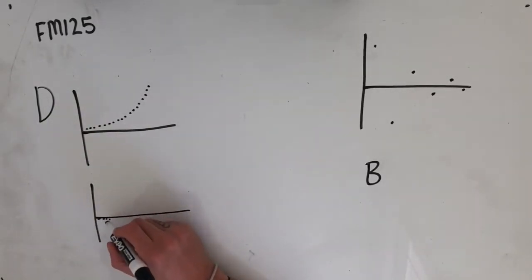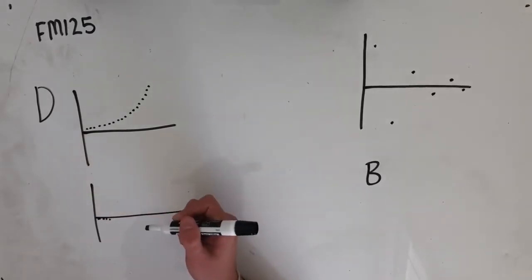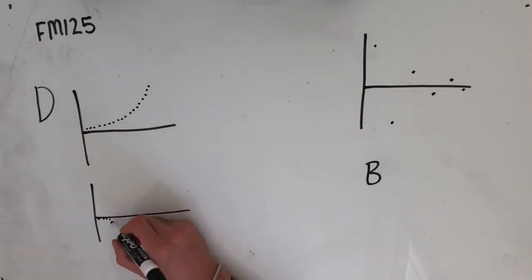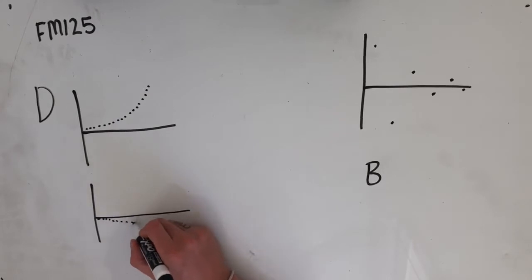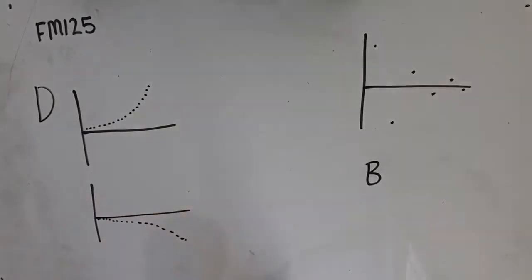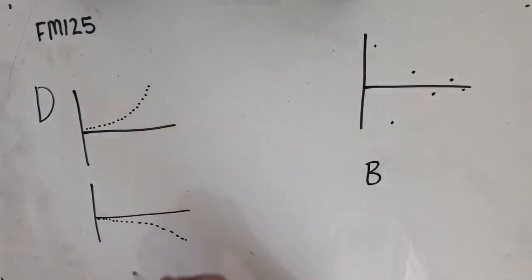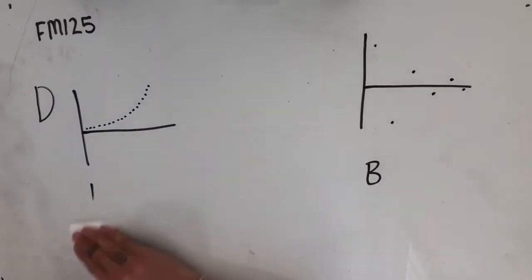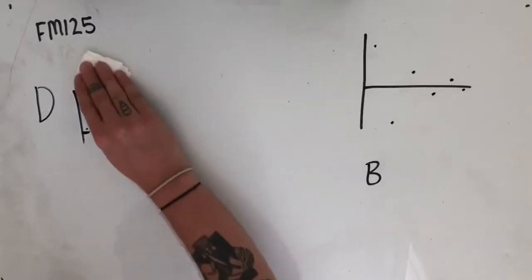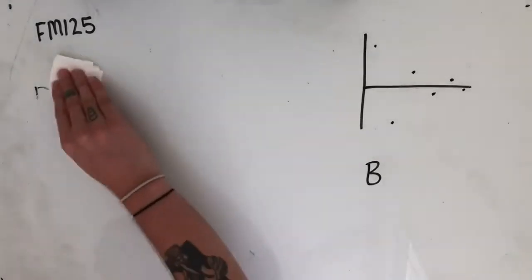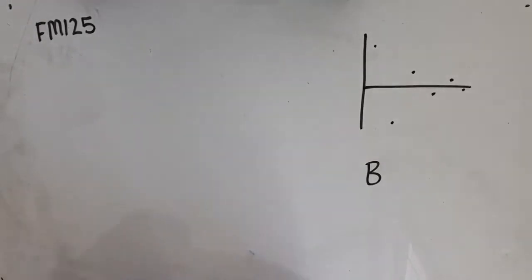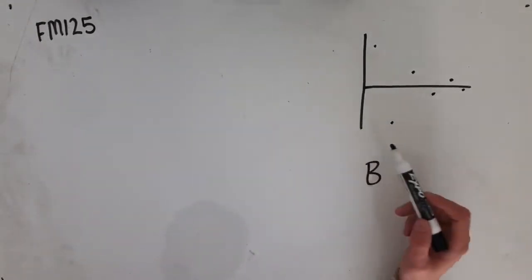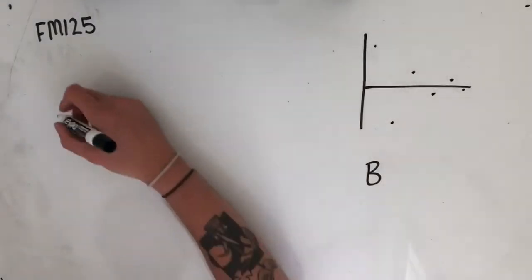It may look like, sorry, no it won't. Yes it will. Look like that. So whether we're starting with a positive number or a negative number is going to tell us which way we're moving like this. Once again, neither of those looks like our potential answer, so D is probably not our answer.